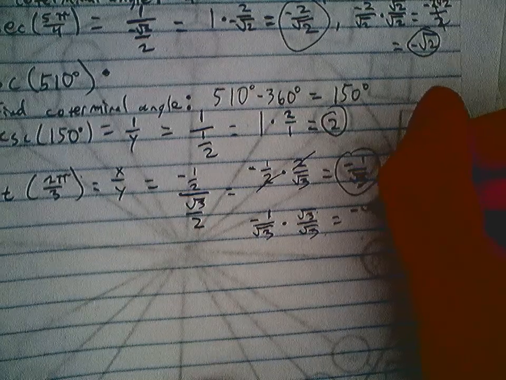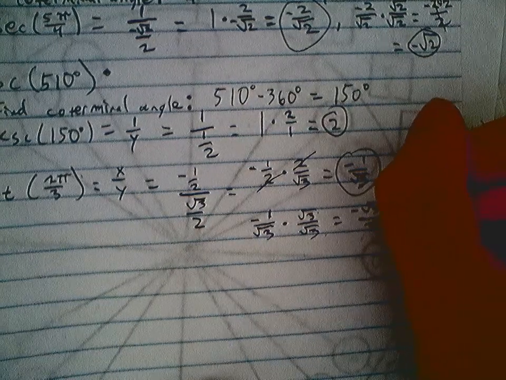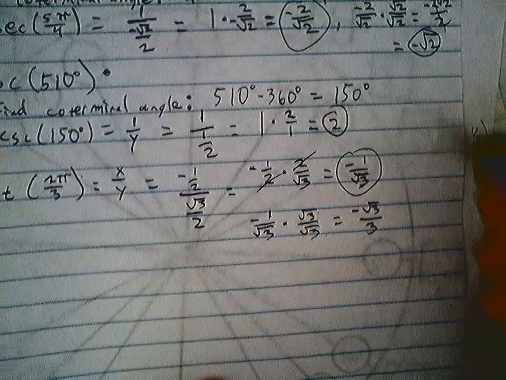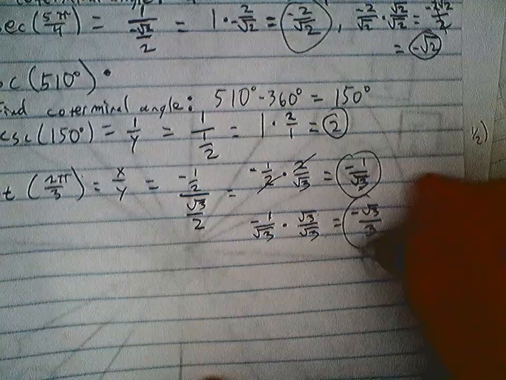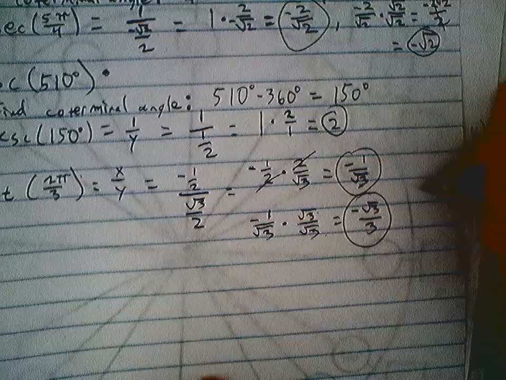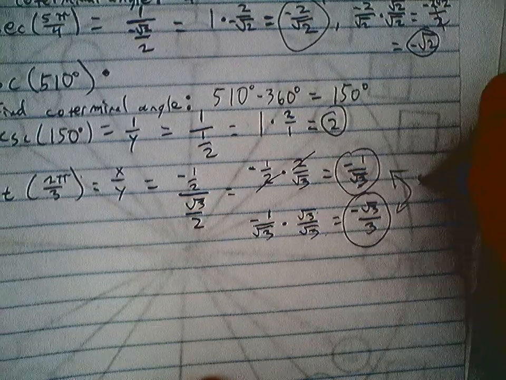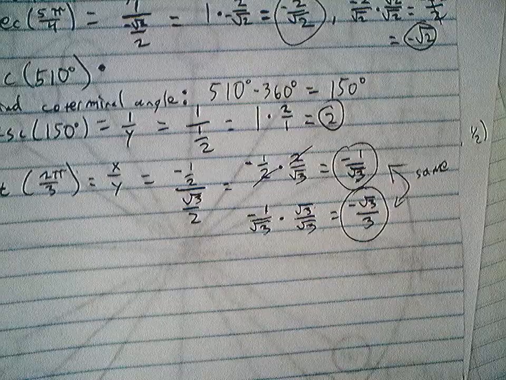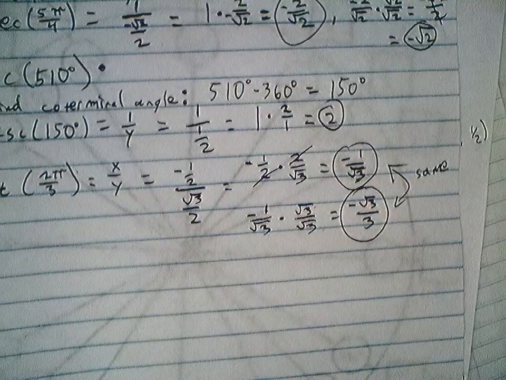So we've got negative square root of 3 over 3. Remember, a radical times itself results in that radical being canceled. So both of these are the same. One is more simplified than the other, but both are exact solutions.